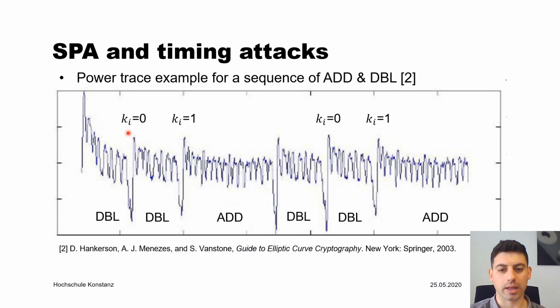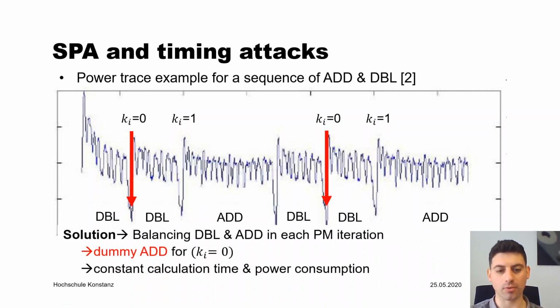Hence, we know the current bit of the key is 0. Otherwise, it is 1. To avoid this, many implementations consider a dummy add operation if the current bit of the key is 0. This results in a constant calculating time and power consumption of the coprocessor.